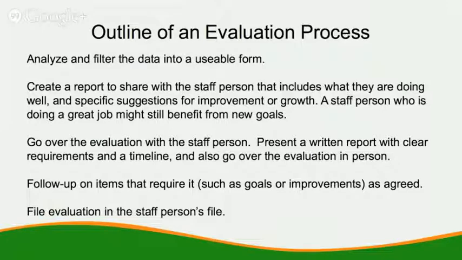You want to make sure to go over the evaluation with the staff person. Present a written report with clear requirements and a timeline, and go over the evaluation in person. Sit down with this person and say, here's what is going well. Here's what we want to go better, and get their honest feedback.